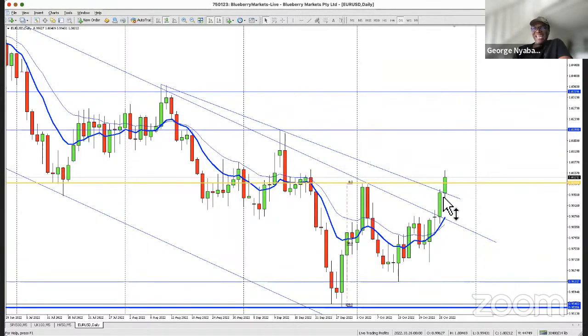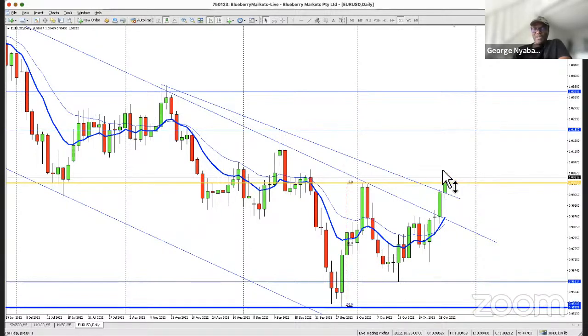If the bulls are able to keep the day and close above here and do a follow-through candle, then we can start to say, hey, the bulls have changed the structure of the market because they've broken out, confirmed breakout above this bear channel, confirmed breakout above this bear trend line from August, confirmed breakout above the parity price 1.00.